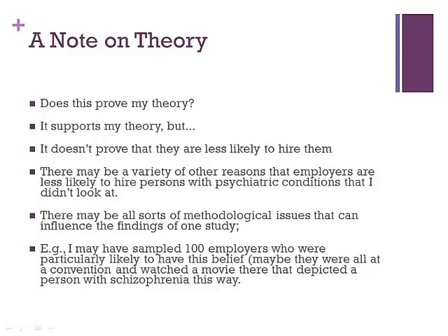And they might have been more likely to have this belief about people with psychiatric conditions because they were all at this convention and they all watched this movie that depicted a person with schizophrenia as unreliable and unpredictable. So we have a very biased sample. So it's just an example of how methodology can make our findings maybe less credible, less supportive of our theory.